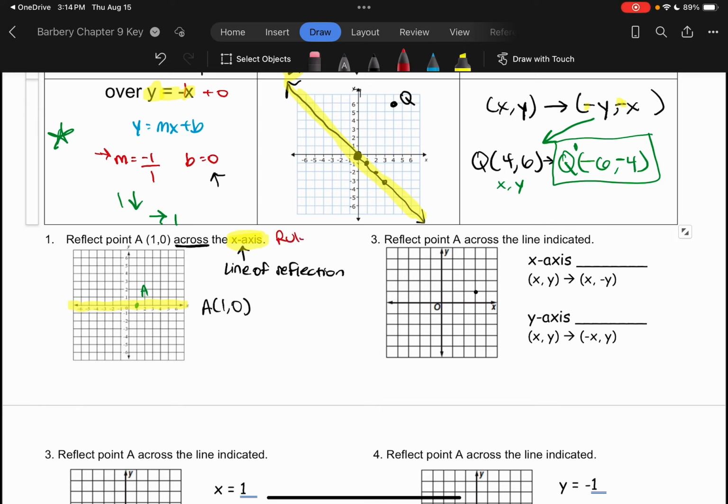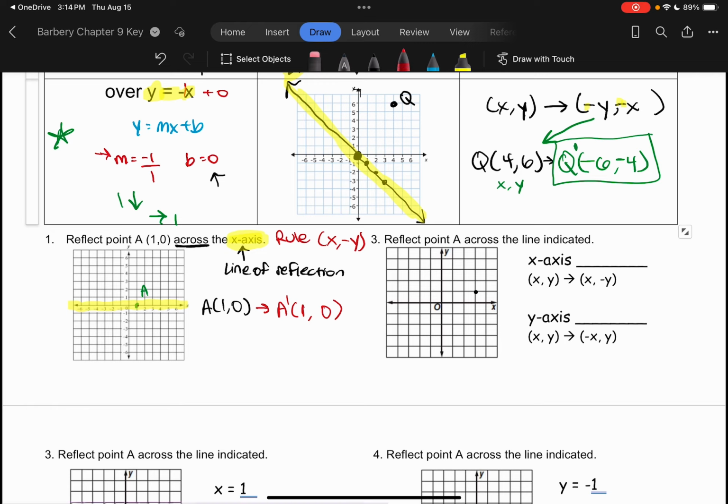If I do that here, A prime, well, the x stays the same, so 1, but now we flip the sign of the y value. Well, the y value here is 0. There is no such thing as positive or negative 0. 0 is just 0. So our point after the reflection ends up being 1, 0.